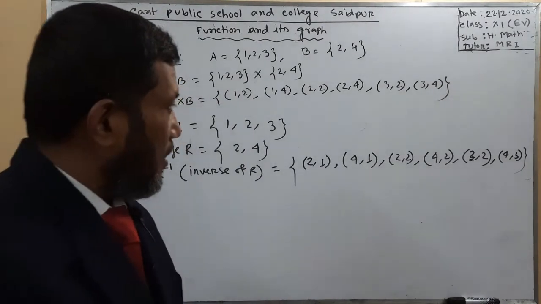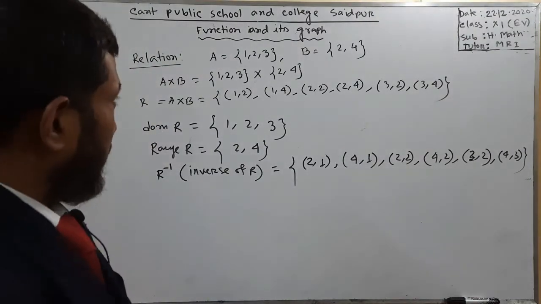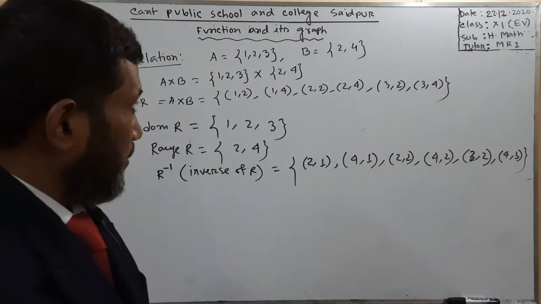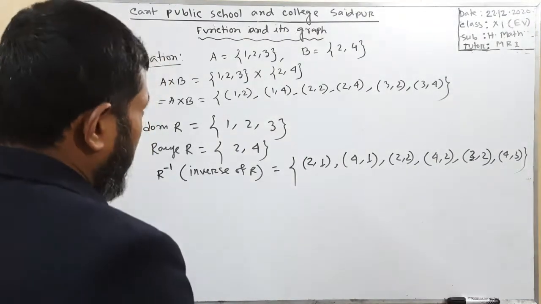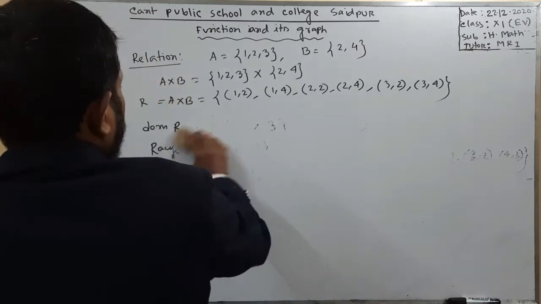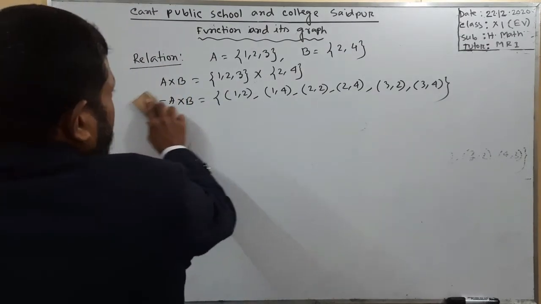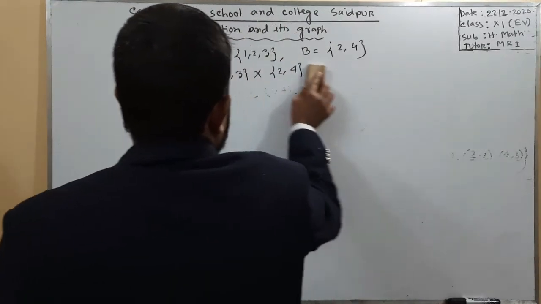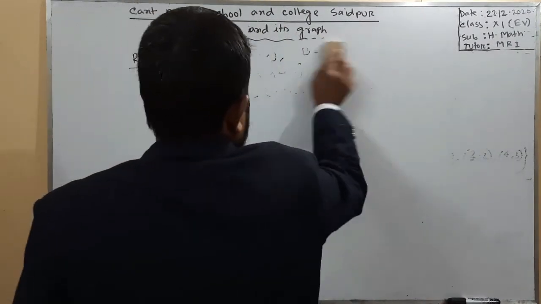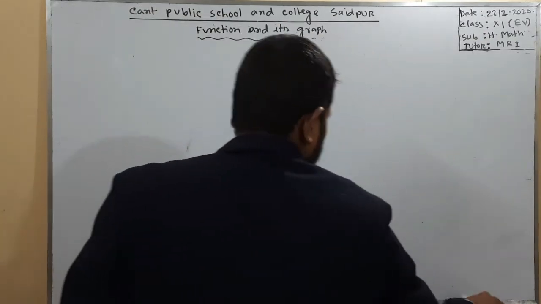Now I'll discuss what is a function. I'll discuss taking the definition of relation. If the first element of every ordered pair is different, the relation will be a function. I am giving one example.